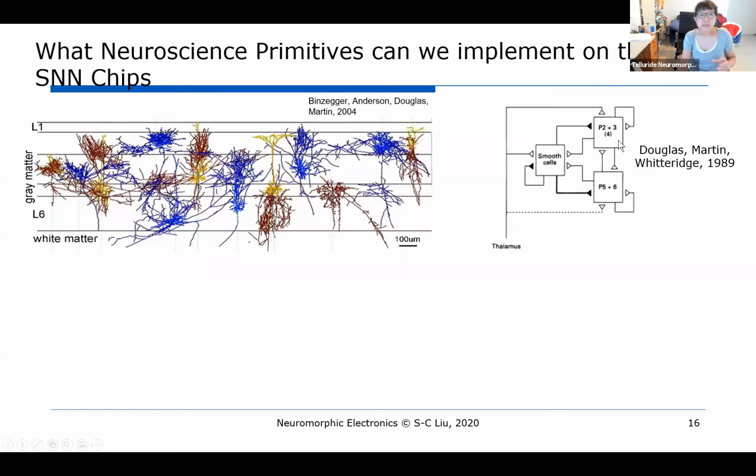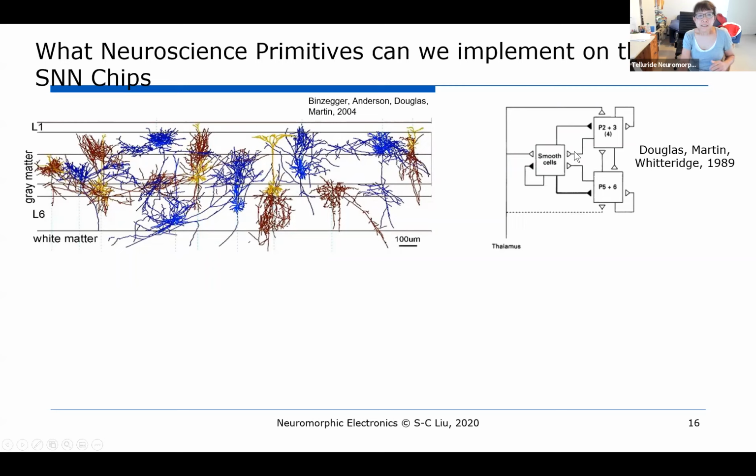Basically they boil it down to 3 blocks, right? So you have 2 blocks for the excitatory cells. Remember, there are 80% excitatory cells and 20% inhibitory cells in the cortex. These 2 blocks represent excitatory neurons in different layers. And then you have another block for the inhibitory cells.